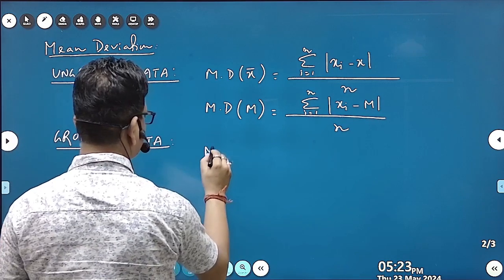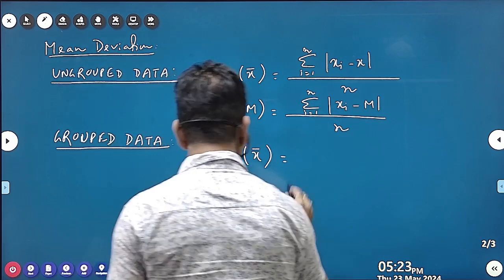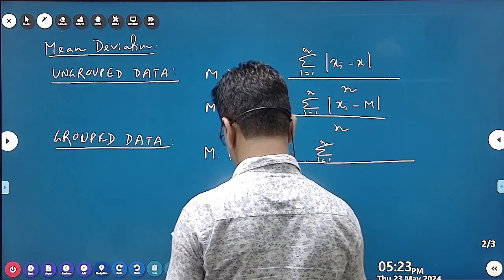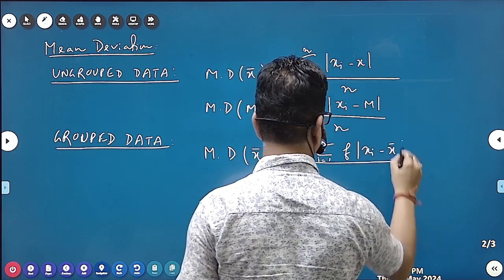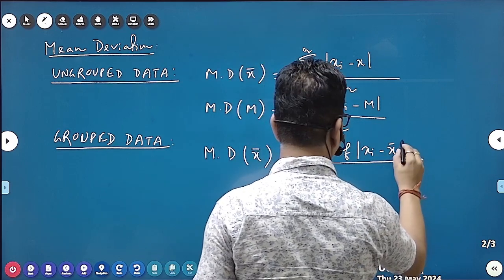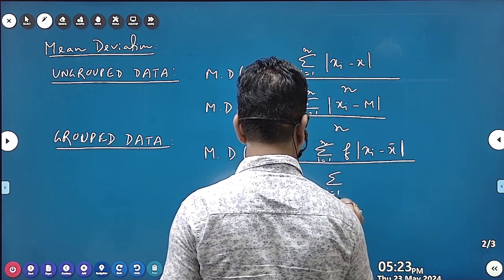mean deviation once again about mean is summation i equals 1 to n fi |xi minus x bar|, then divided by summation i equals 1 to n fi.